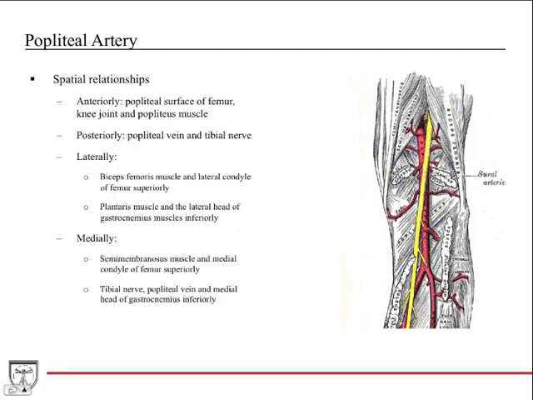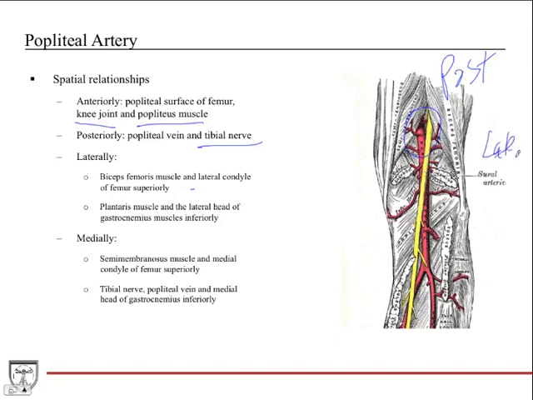Some spatial relationships to be aware of. Again, this is a posterior view. So for the popliteal artery, anterior to it is the popliteal surface of the femur, the knee joint, and the popliteus muscle. So you can see that here. Here's the popliteus muscle, knee joint's in here, and then the femur would be in this region right here. Posteriorly would be the popliteal vein, which is not shown here, but it would be traveling with it, and the tibial nerve, which is shown here. And then laterally would be the biceps femoris.